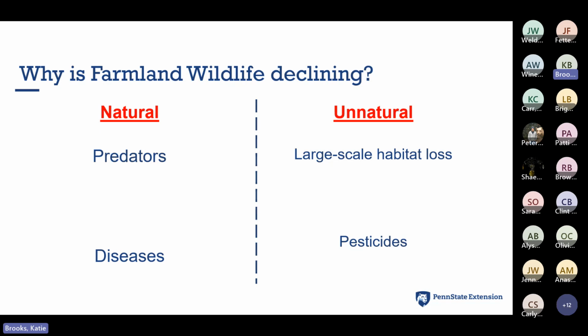They couldn't produce strong eggshells, and as a result, their eggs had shells so thin that they broke during incubation and failed to hatch. So the pesticide DDT was banned, and it helped the eagle population to rebound. So that's a really classic example of an unnatural decline in wildlife populations.